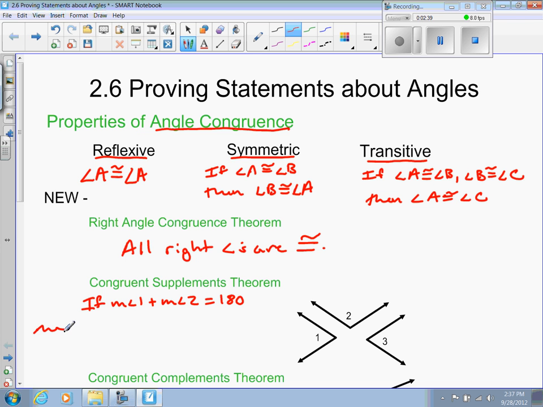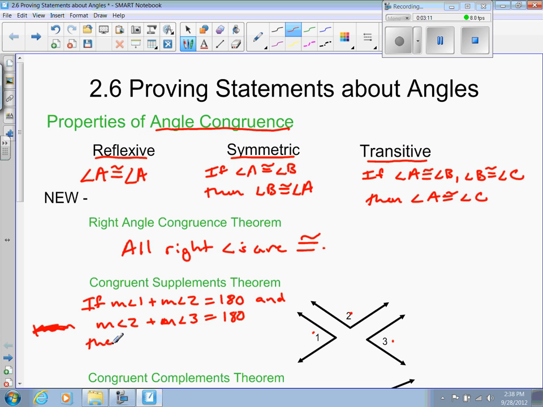Then, oh, excuse me, I shouldn't say then yet. I've got one more part. So these have to be supplementary, and angle 2 and angle 3 have to be supplementary. The measure of angle 2 plus the measure of angle 3 equals 180 degrees. So both this and this add up to 180 degrees. This and this add up to 180 degrees.